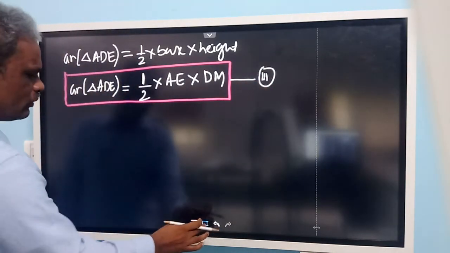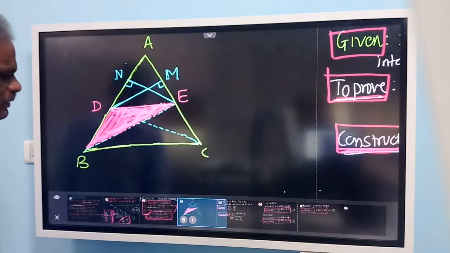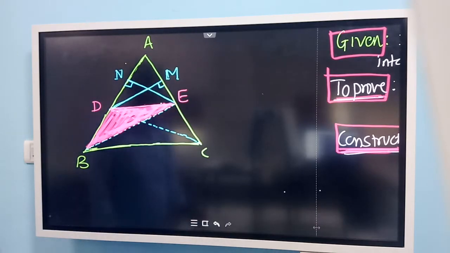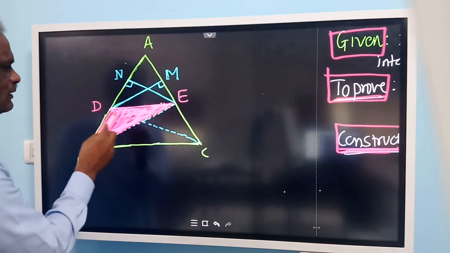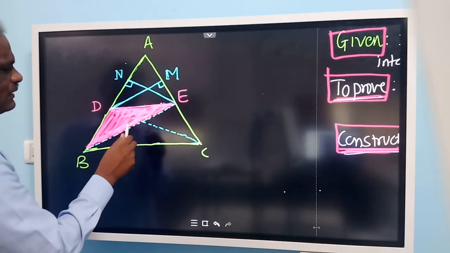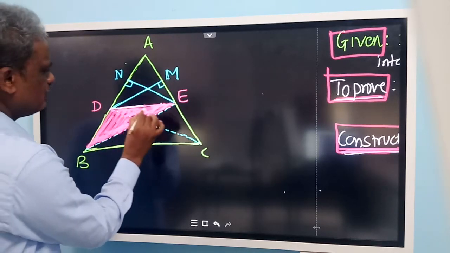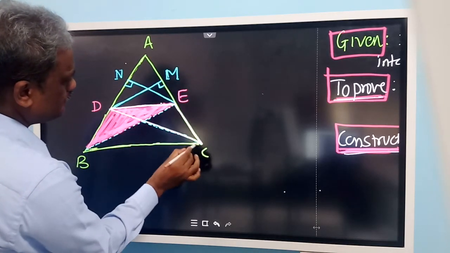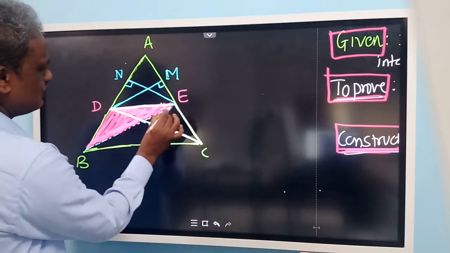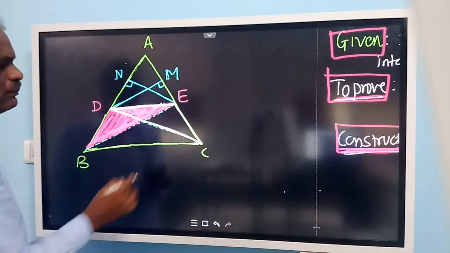Now one more triangle is there. We will come to this diagram. Look at this diagram. So here we have another triangle, this one. So you take this triangle now. So I will draw like this triangle. Same, it is also an obtuse angle.